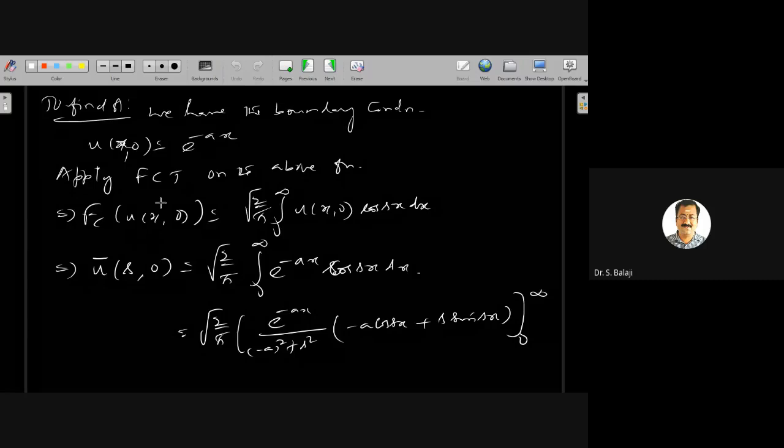After transformation, you get it in terms of s: u bar of s comma 0. So root of 2 by pi, integral 0 to infinity of e power minus ax cos sx dx.